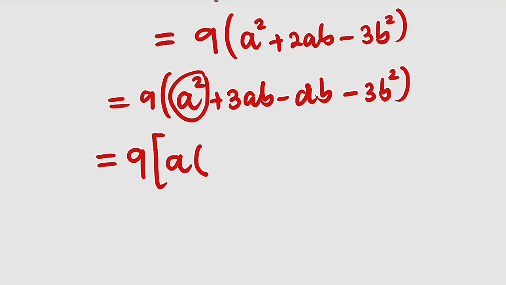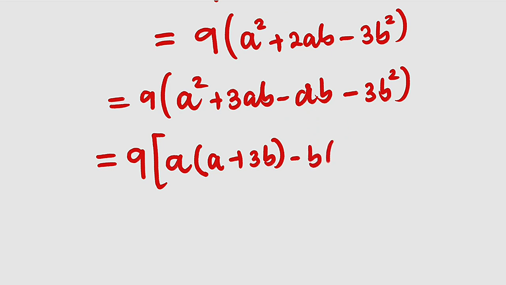Inside, a squared divided by a is a. 3ab divided by a is 3b. Then here I think we have minus b in common. Minus b. Inside we take minus ab divided by negative b is just positive a. Then the whole of this divided by this will give us 3b plus a.